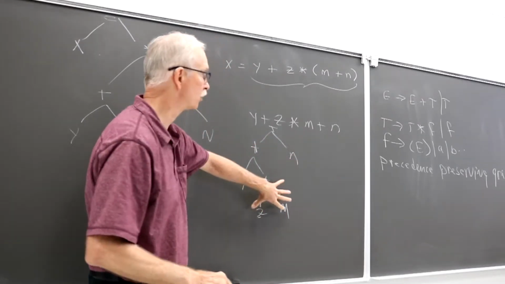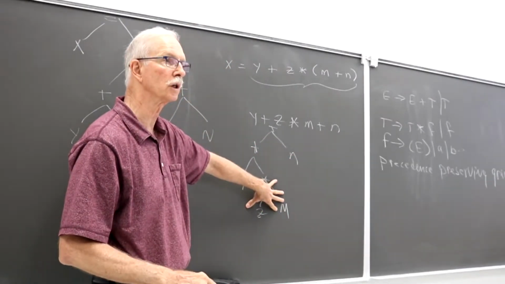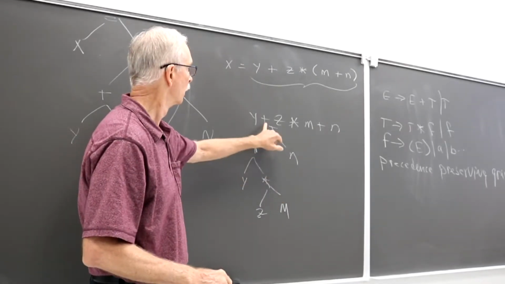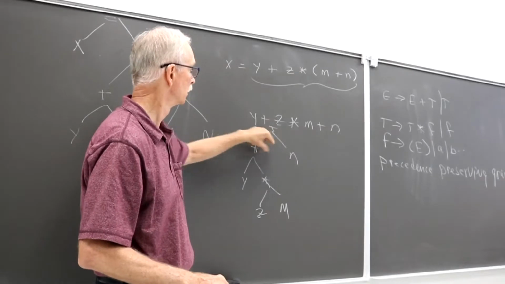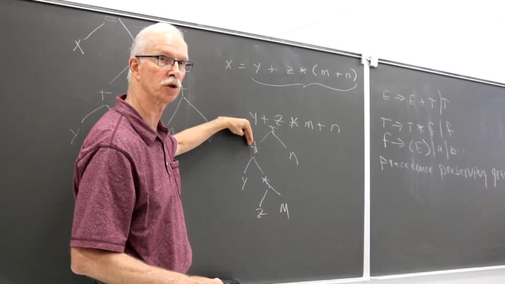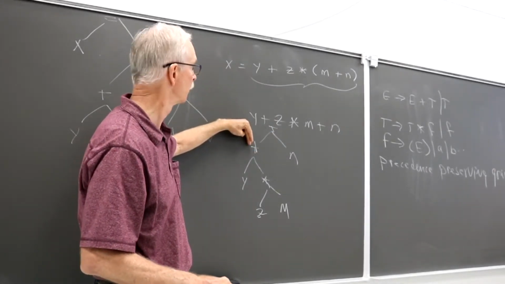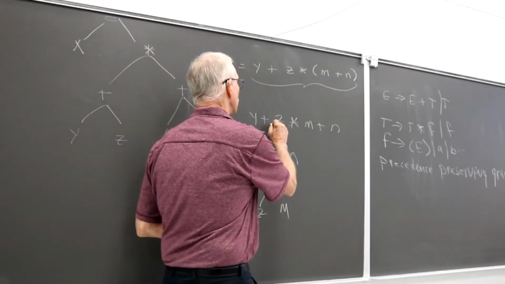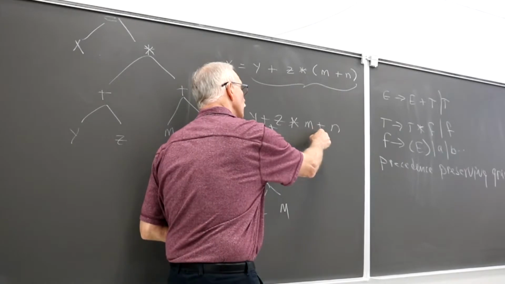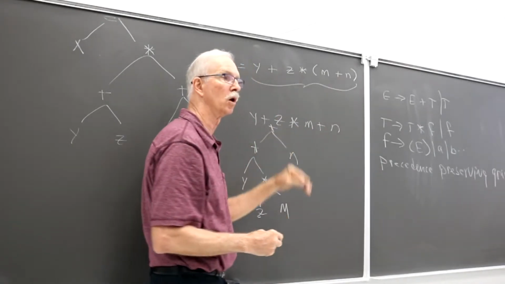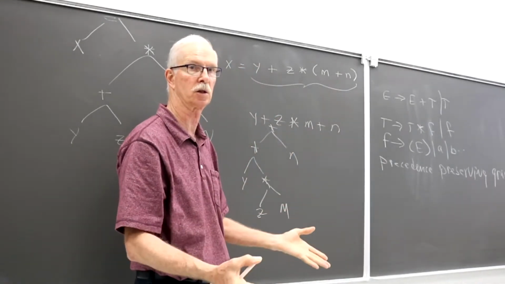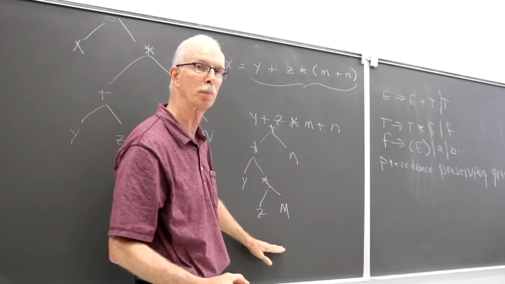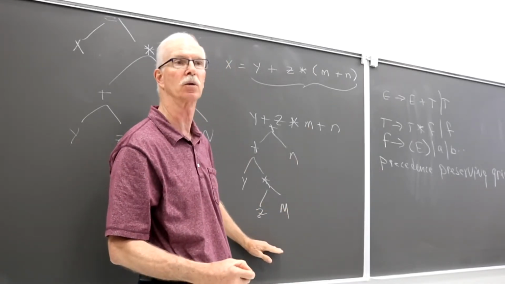And so this is the lowest in the parse tree. It would actually be done first. Then this plus is next lowest in the parse tree. It would be done second. This plus is the top of the parse tree. So the pluses are done left to right with multiply higher precedence than plus. And so this is the way it will be parsed and evaluated.